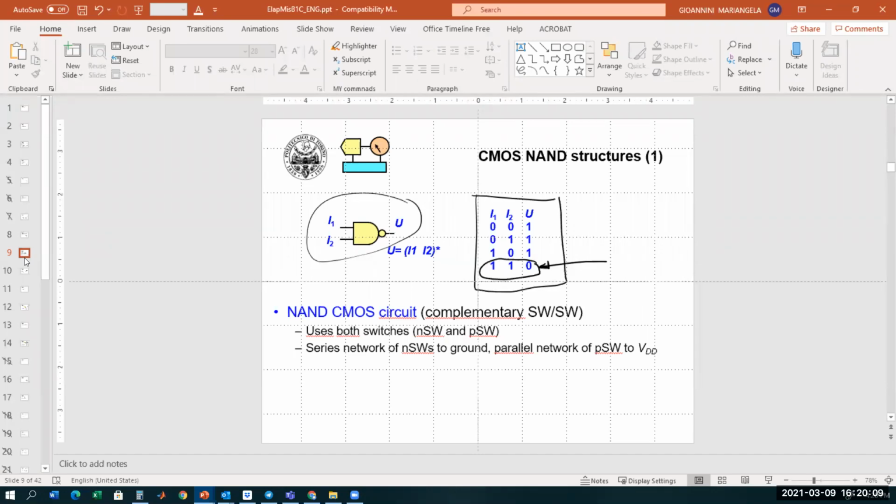So it means that when both inputs are high, I must guarantee the connection to ground. So if I have one NMOS controlled by I1 and one NMOS controlled by the input I2, these two NMOS must be both connected to ground.